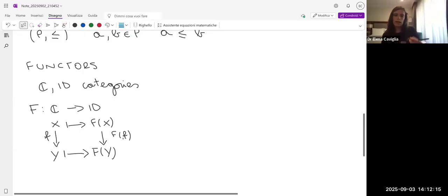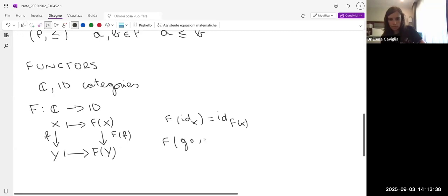In particular, it has to respect identity and composites. So we have that F of identity of X is equal to identity of F of X. And if we have f and g that compose, we have that F of the composite of f and g is F of g composed with F of f.